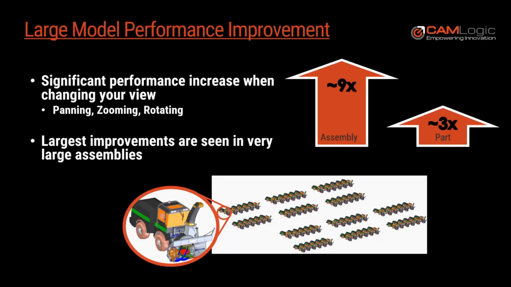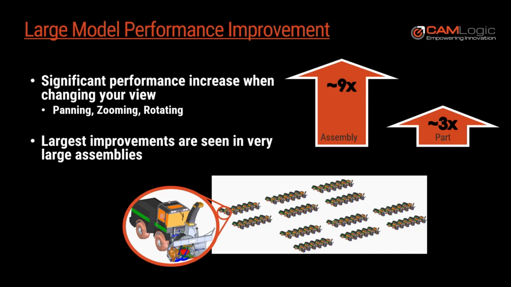So the first improvement doesn't really fall into any of the other categories, so I kind of left it on its own here. It's a pretty significant improvement to large models. You'll see the largest improvement in your largest assemblies, roughly 9 times in terms of performance improvement when it comes to any dynamic visualization.